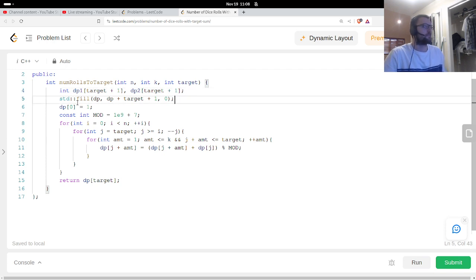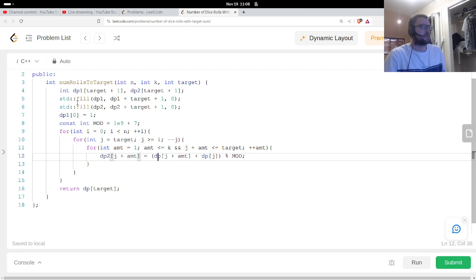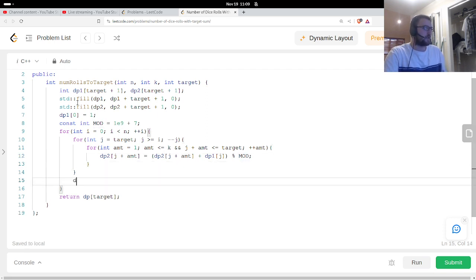Maybe this is the problem. It's not supposed to stay there, what gets written. That makes sense. So DP1 is 1, and then I'm going to write into DP2 based off of DP1 plus DP1. And then I'm going to write into copy. I think this is the problem.